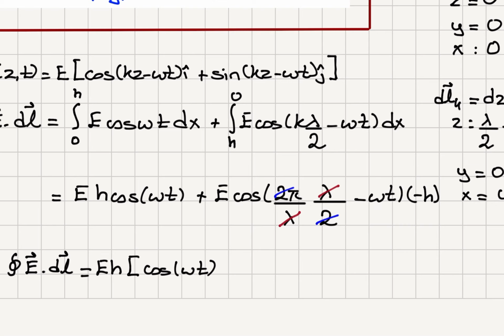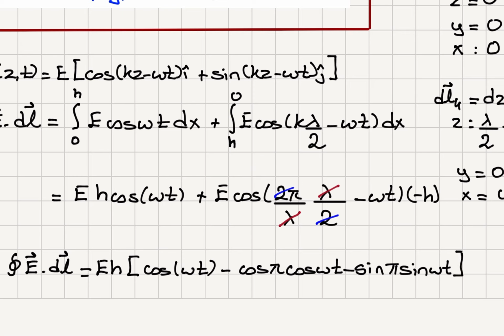What is cosine of pi minus omega t? It is cosine pi cosine omega t plus sine pi sine omega t. And because of this minus sign here, I should write this as minus cosine pi cosine omega t minus sine pi sine omega t.